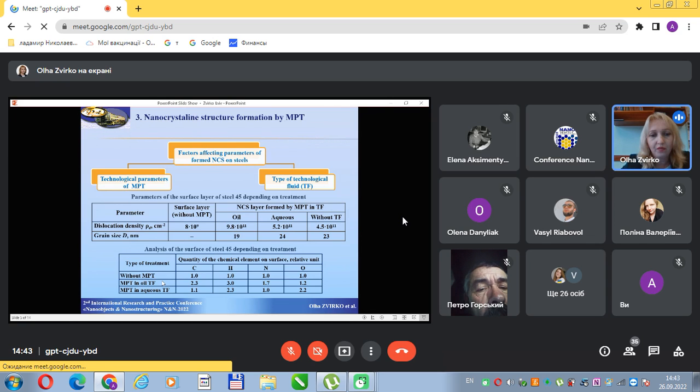And it's known that an increase in carbon should affect the metal strength, and it also positively influences formation and stability of nanocrystalline structure. And an increase in hydrogen or oxygen can cause embrittlement of the metal. So from this data, we can assume that application of oil technological fluid is preferable for such a treatment.